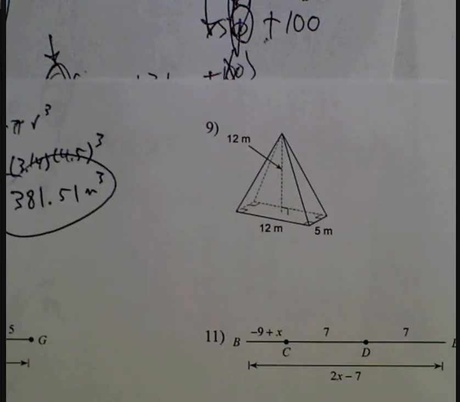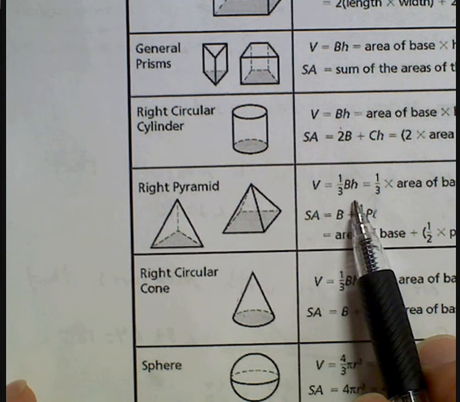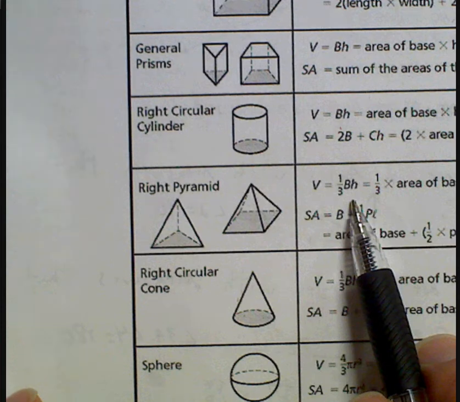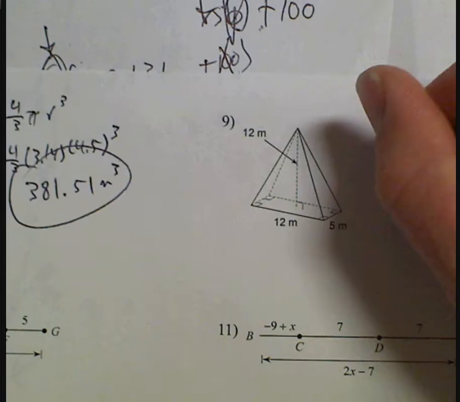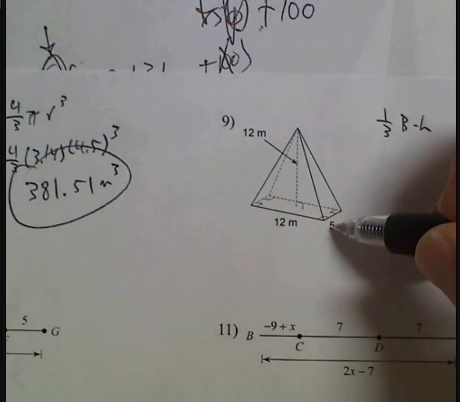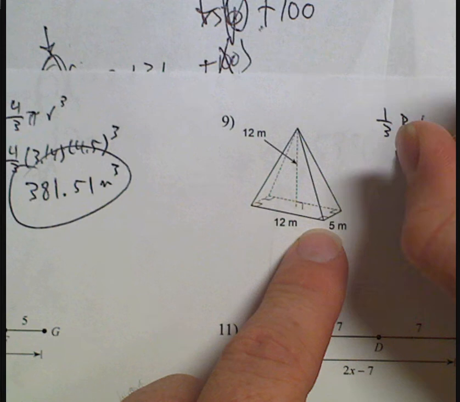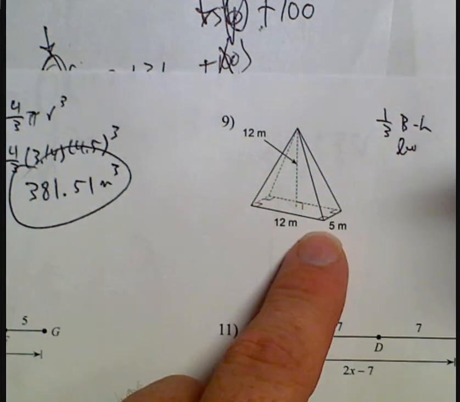My next one is a rectangular pyramid. So within my pyramid, I am given the volume is 1/3 base times height. So this would be 1/3 base times height. The base of my pyramid is a rectangle, so this would be length times width.